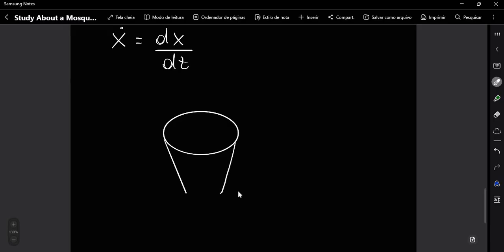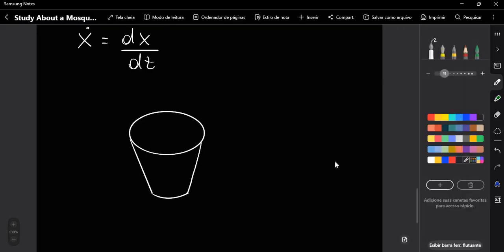So we have this plant pot, sorry, a plant pot, and it is empty, and after rains it got filled with water.